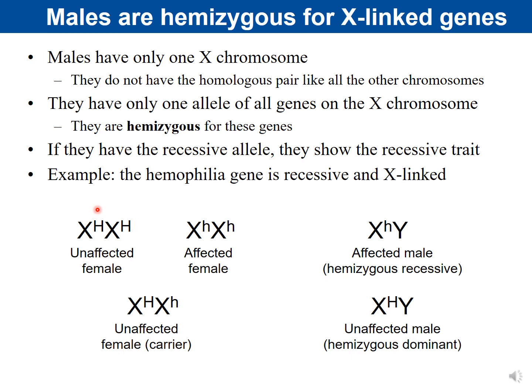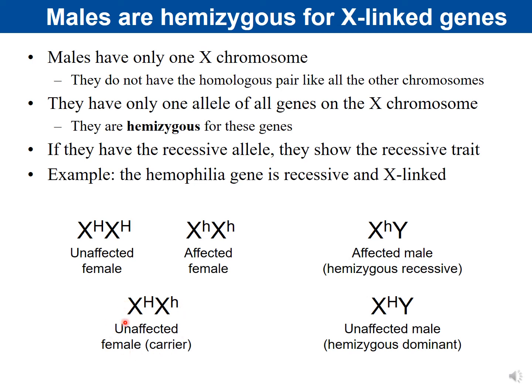So for females, if we're talking about hemophilia and we're giving it an H for the hemophilia gene, it's on the X. So an unaffected female could be X big H, X big H. She is homozygous dominant for not having hemophilia. So she clots her blood just fine.